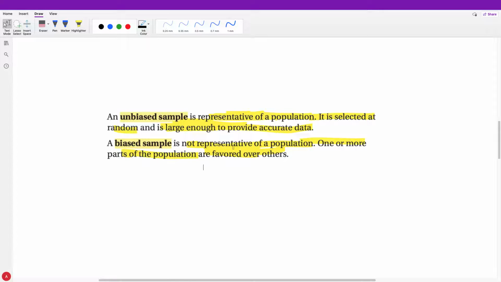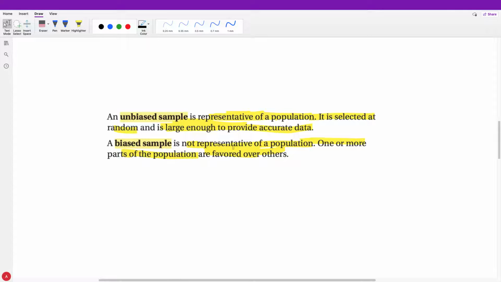So we can be biased in that we are purposely trying to mislead, or it could just be biased in that when we don't do something that's random, we're not giving everyone an equal chance to be part of this. So then it's not going to accurately be able to represent the population.